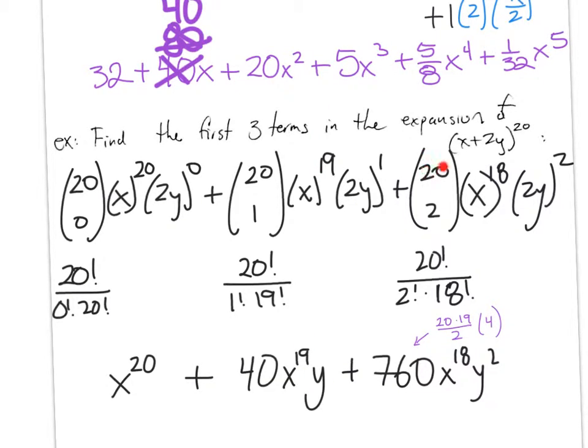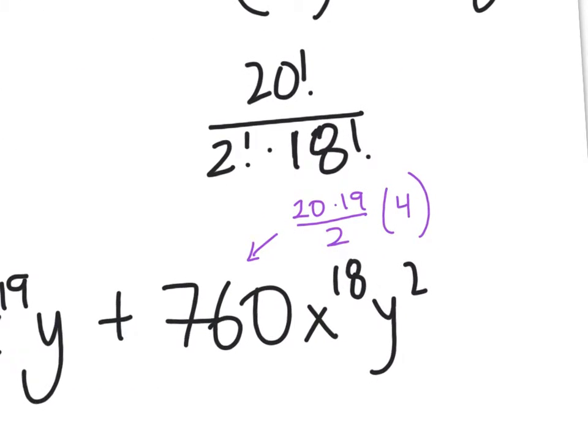Alright, and for our third term, the binomial coefficient with the 20 and 2, we got 20 factorial over 2 factorial, 18 factorial. I'll zoom in here for a moment. So it looks like this. The 20 and the 19 will not cancel, but 18, 17, 16, 15, etc. all the way down will cancel. Don't forget about that 2.